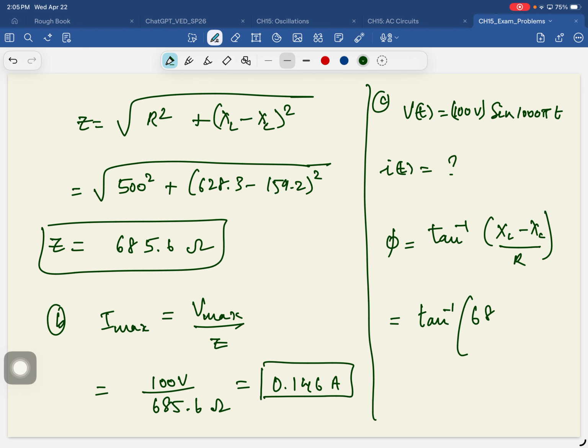So this is part A. How do we find the phase angle?